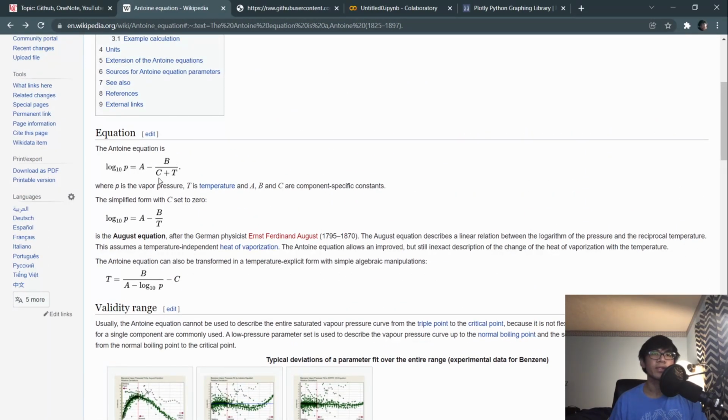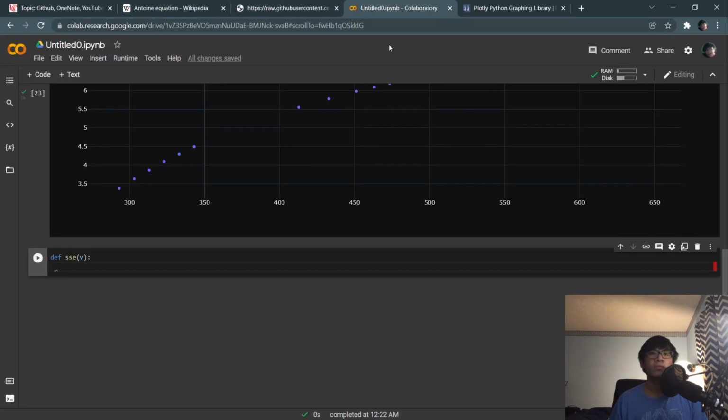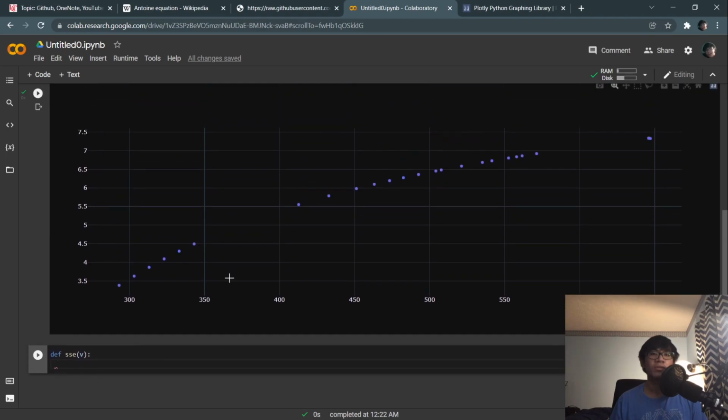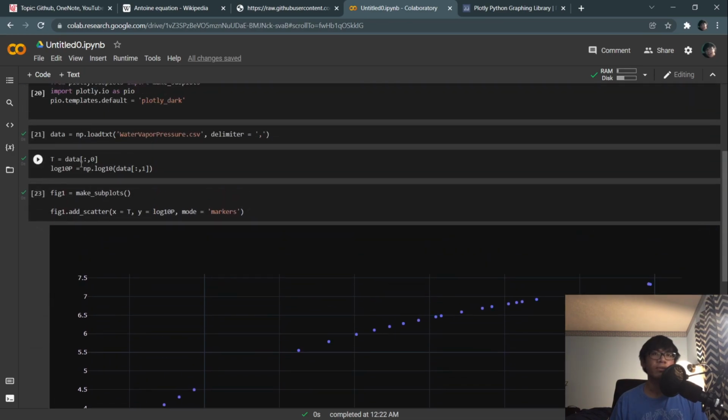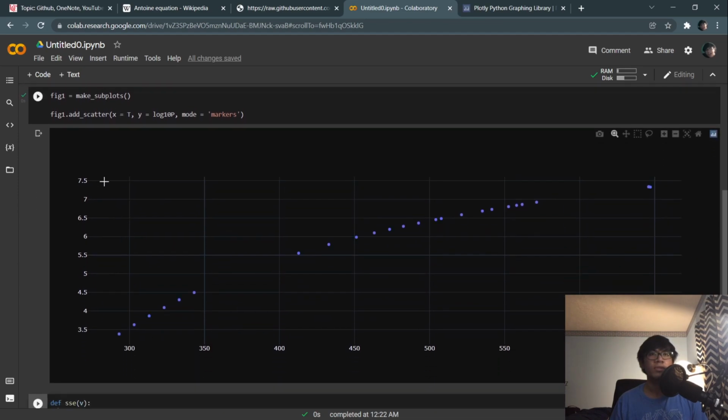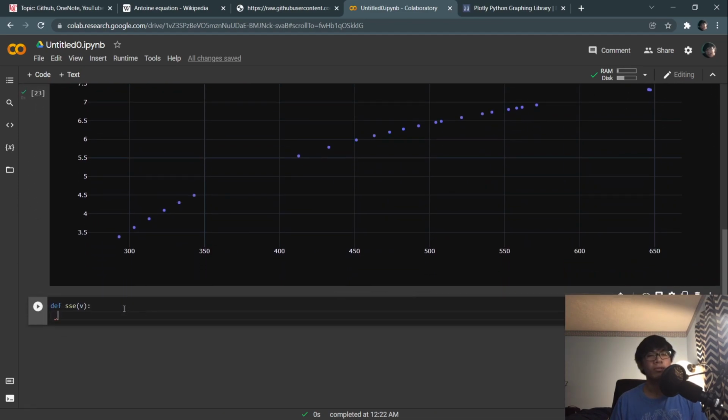We need A, B, and C. We need to somehow minimize A, B, and C so that they match the parameters of our experimental data of P and T, our pressure and our temperature. That was the log base 10 of pressure, with temperature in Celsius and pressure in millimeters of mercury.